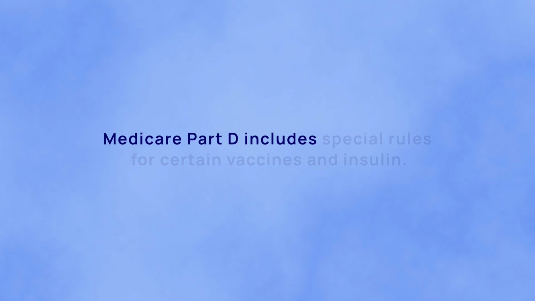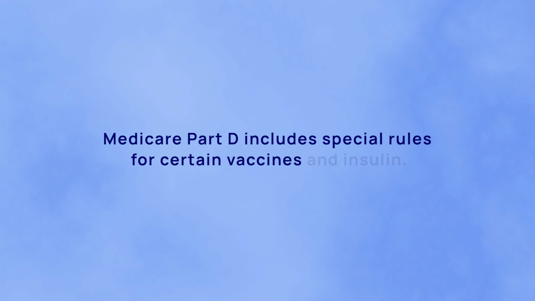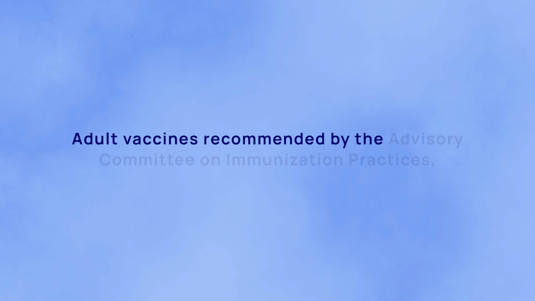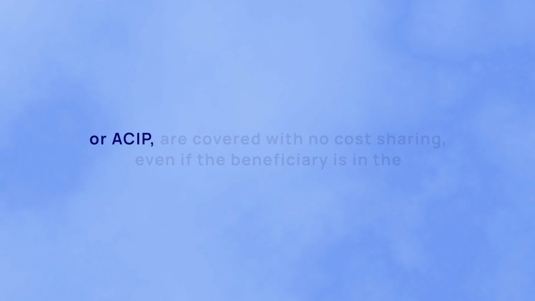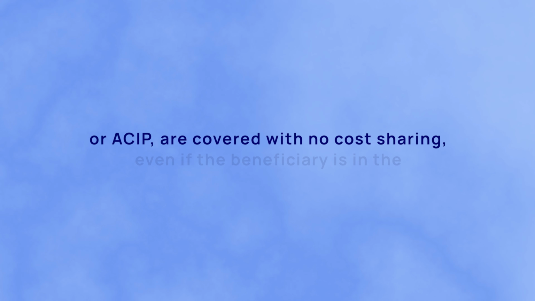Medicare Part D includes special rules for certain vaccines and insulin. Adult vaccines recommended by the Advisory Committee on Immunization Practices, or ACIP, are covered with no cost sharing, even if the beneficiary is in the deductible phase and whether the vaccine is received from an in-network or out-of-network provider.